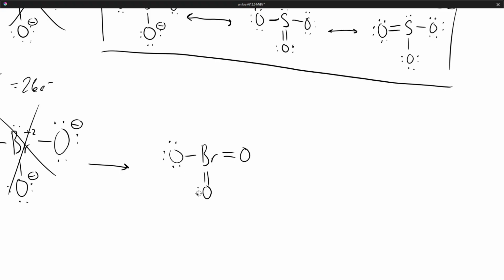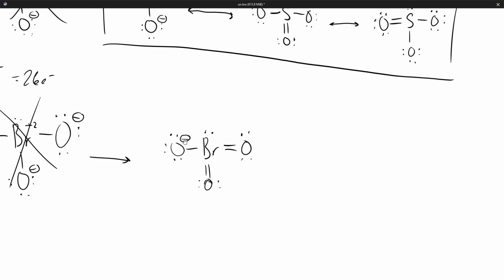Now both oxygens here have a zero formal charge, and this bromine right here has a zero charge as well, which means this oxygen right here will be the only one with a -1 charge.